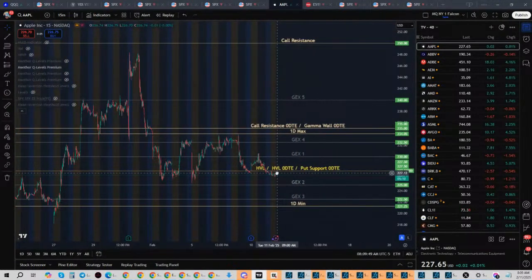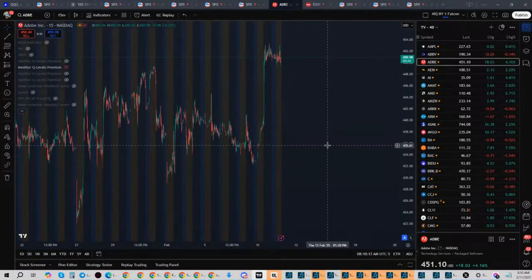Now, yesterday, most of the Mag 7 were green, and now they're kind of getting struck down to their put level. So the first inflection point we want to watch for Apple is, can it get over 22.75 and head back up toward the call level, or does it get trapped below the puts?